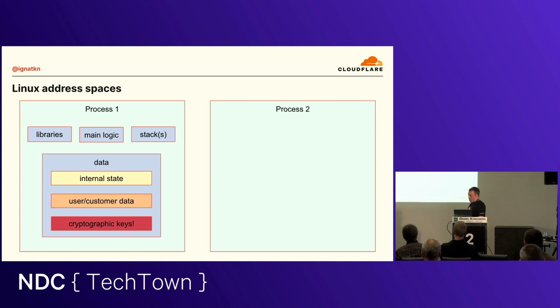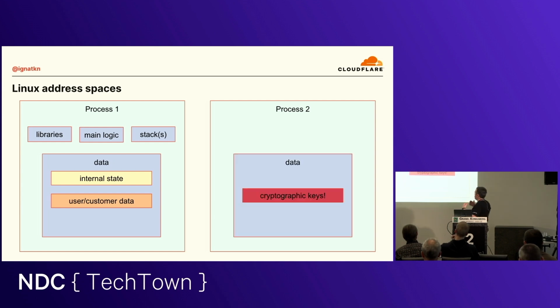The second process will have its own data section and move the cryptographic keys there. Then we'll add some very stripped down, easy to audit cryptographic logic. Even though process one may be written in C++, we can write this in some safer language, for example, to minimize the potential vulnerabilities.